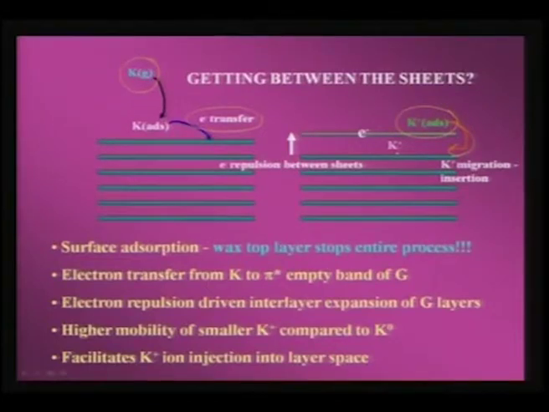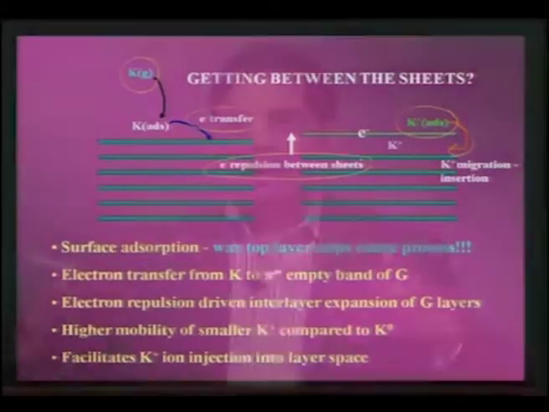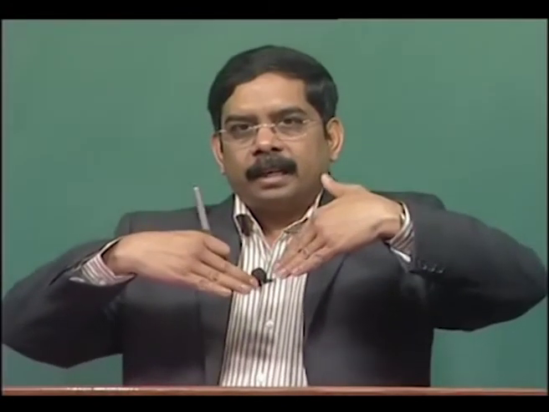Because of this, a lot of other things can happen. Electron repulsion between the sheets can come because you are trying to accommodate a potassium ion between the graphitic sheets. As a result, your graphitic layers get deformed. So, several things happen here.